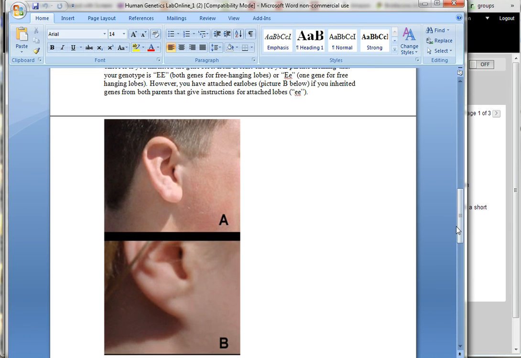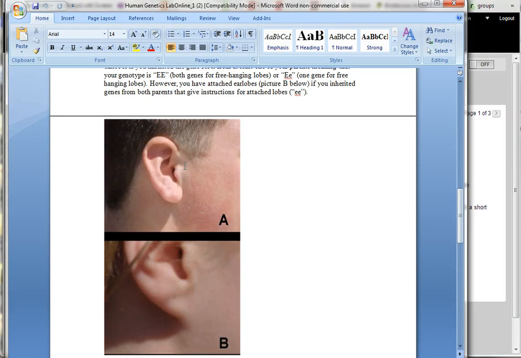That means that it's attached to your head at the bottom instead of a free hanging lobe, and that's recessive. So if you have that attached, you can only have your genotype be 2 small e's, because all you can have is 2 recessive genes, one from mom, one from dad, and that's the only way you can have that recessive trait.